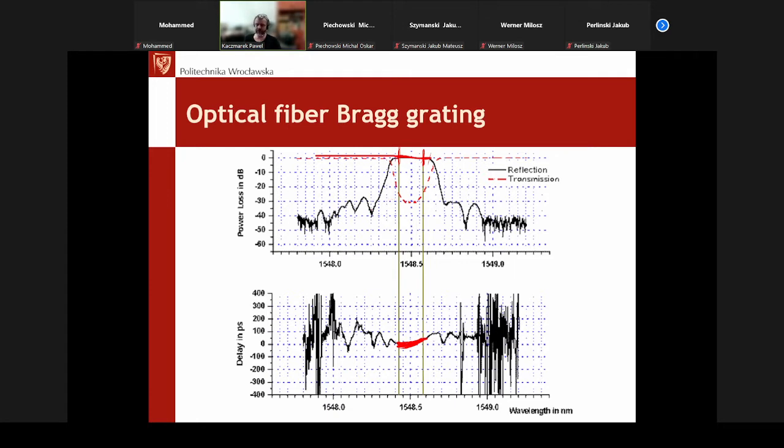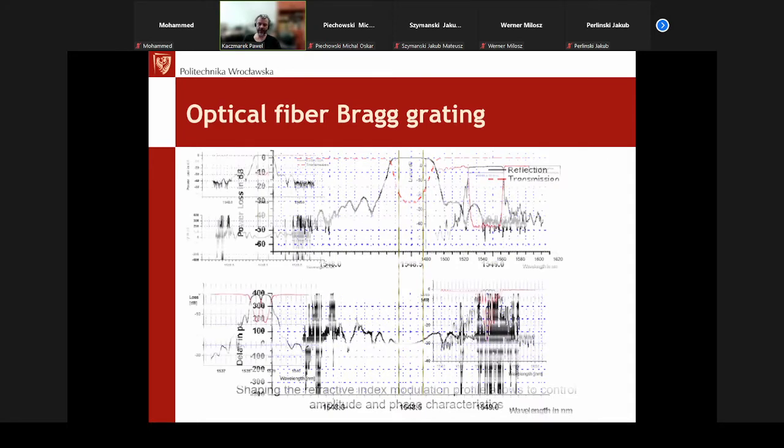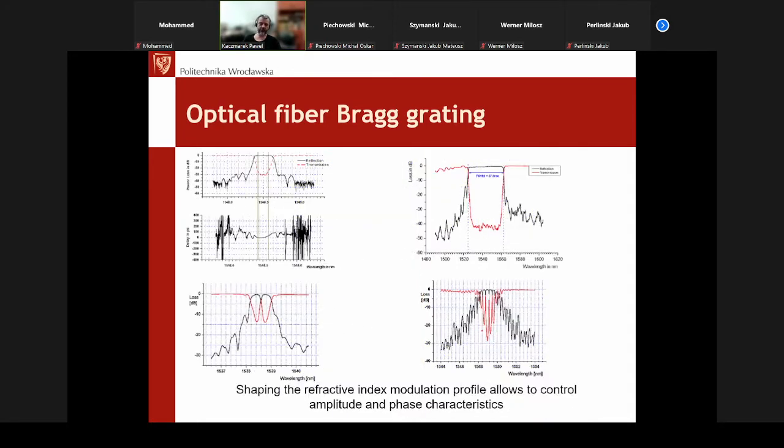But Bragg gratings can be made in other ways, and they can have quite different characteristics depending on what we want to use such a Bragg grating for. For example, a special design of the Bragg grating can give us even a quite wide reflective band. Here you can see a Bragg grating with a reflected band as wide as 37.8 nanometers.